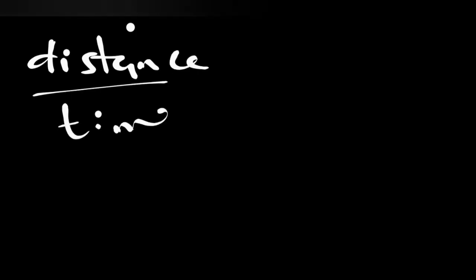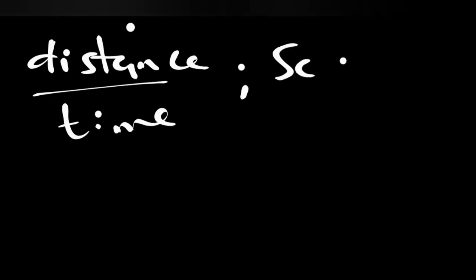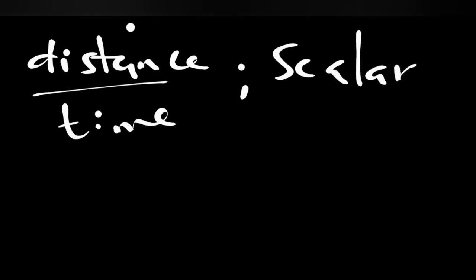When we talk in terms of speed, we simply divide distance by time, and whatever we get gives the result for speed. However, speed is a scalar quantity, just like distance. It has only magnitude but no specified direction.